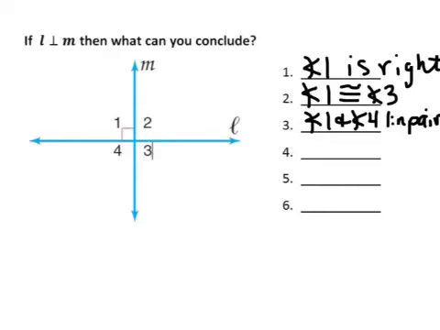Also, they are supplementary. And as a result, since angle 1 is a right angle, and angle 1 plus angle 4 equals 180, we can conclude that angle 4 is a right angle.